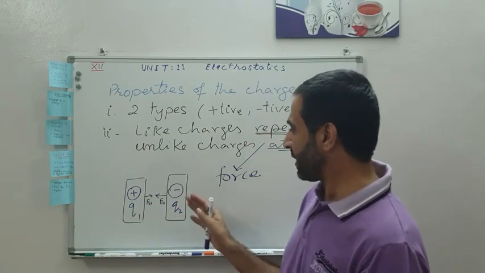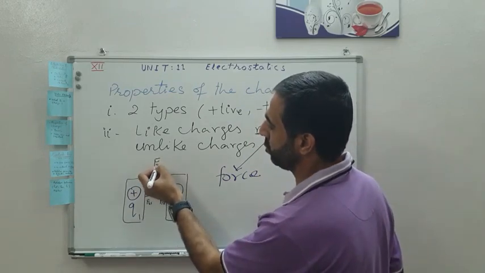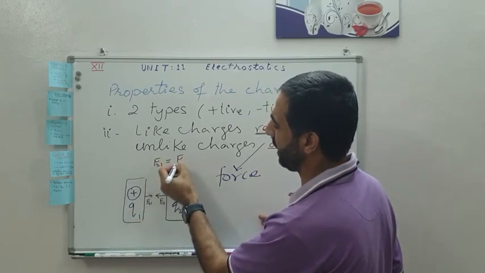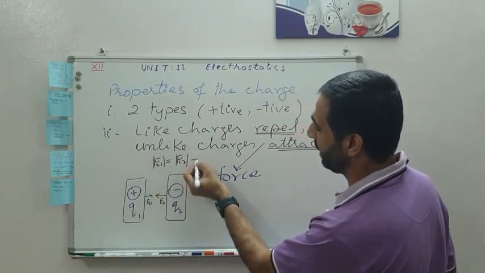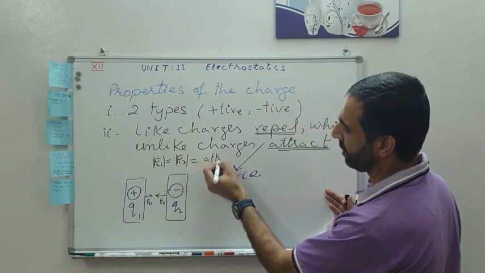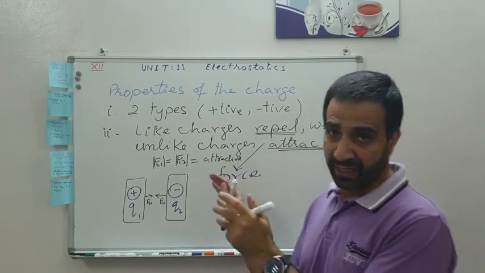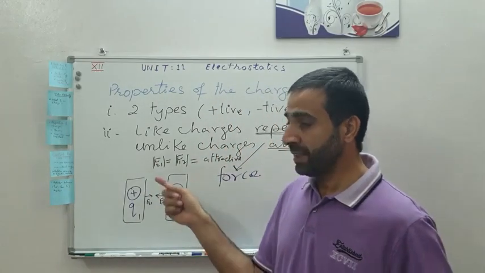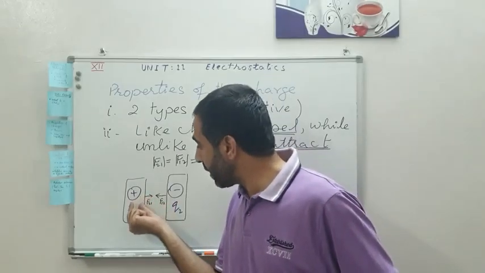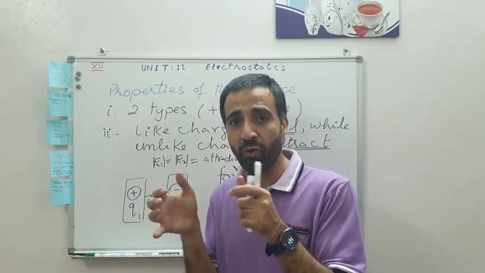Now, where does this electrostatic force come from? The force of 2 on 1, same as 1 on 2, is a kind of electrostatic force, an attractive force only, in this case. Where does this attractive force come from? It is because every charged body is surrounded by its own field.